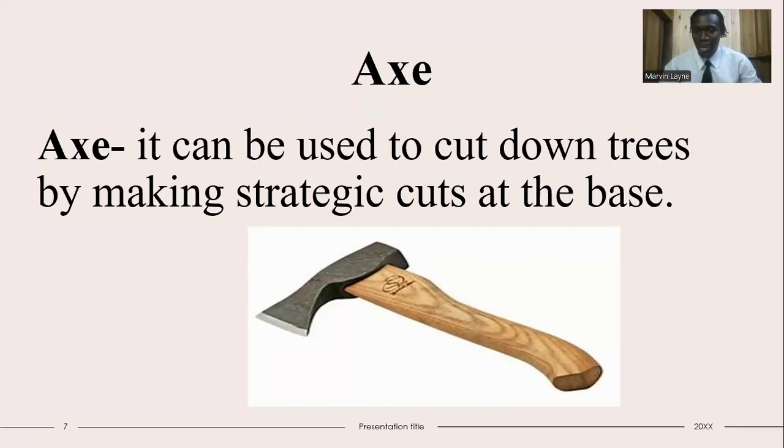The axe is used to cut down the trees, and it's very important. Also, the axe could be used to cut the base of the tree, the root of the tree, so that the stump that is left after you cut down the tree could be removed for a tractor to go onto the land to plow the land.